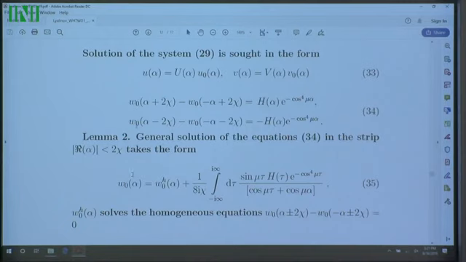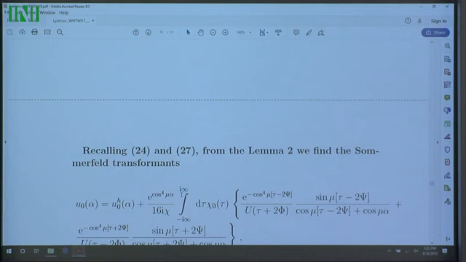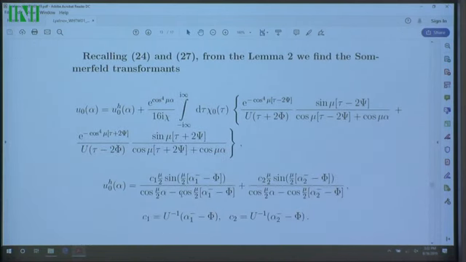Actually, you should use a kind of Fourier transform along the imaginary axis, and after some simple work, you arrive to this kind of integral, and this is solution of homogeneous equation. It should be appropriately chosen, and after some derivations, you obtained the representation for u0 and v0, where you have in the integral the unknown psi zero, which is an entire function. You remember this is our inhomogeneity term.